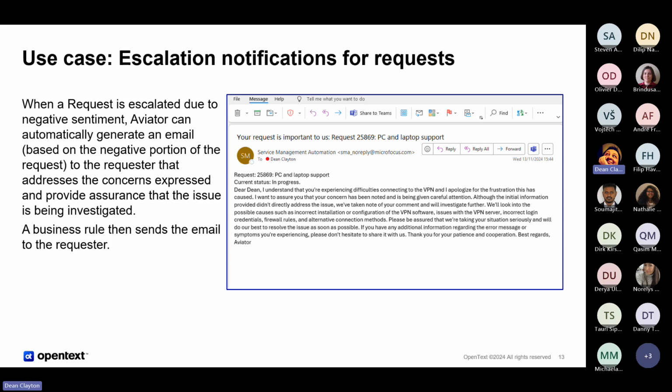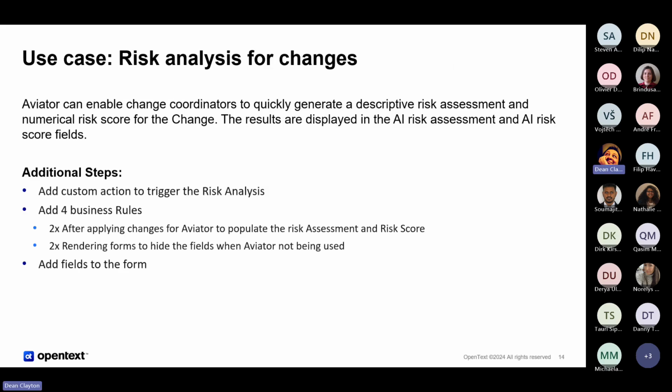All right. Okay, so that's the second one. The third one is the demo that we've presented again. This one was one we presented in a previous user group, is the risk analysis for change. So this actually is two separate Aviator models that get triggered.